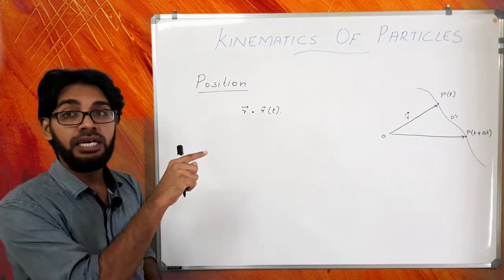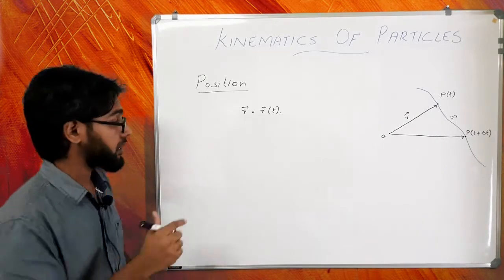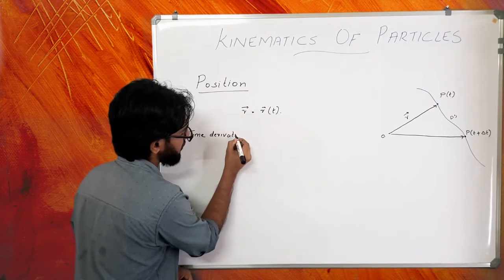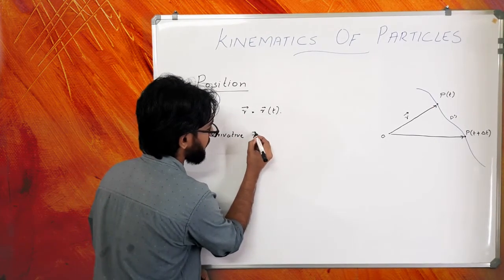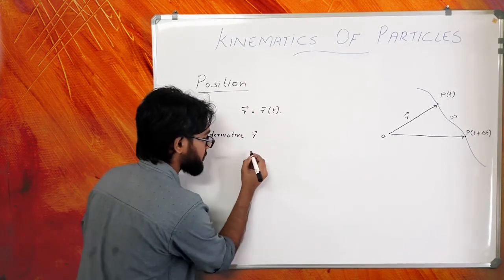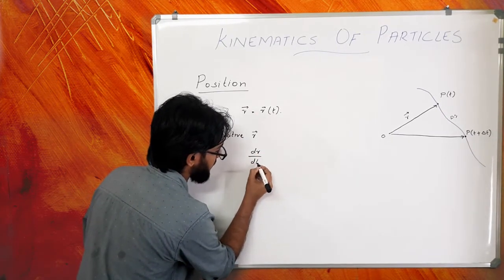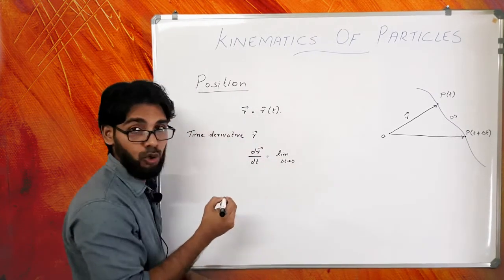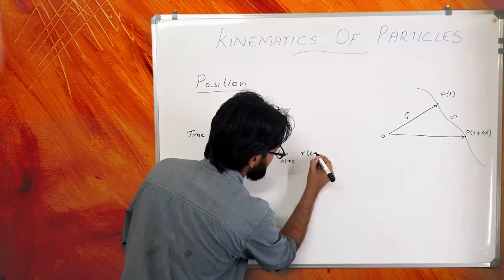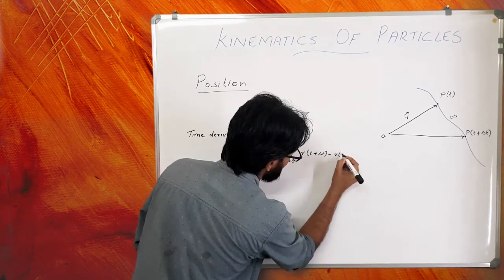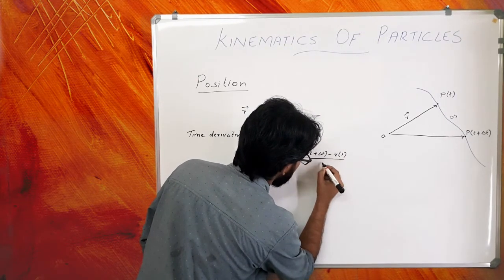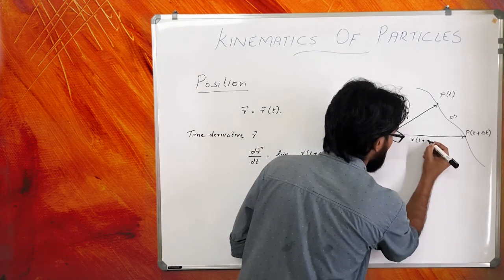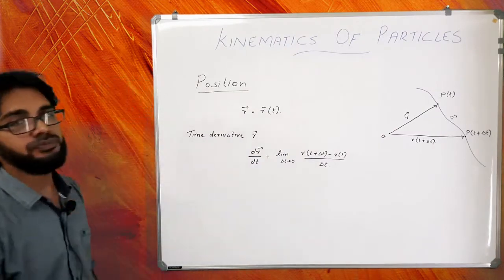So, the time derivative of the position vector r can be given as dr by dt equals limit delta t tends to 0 of r of t plus delta t minus r of t divided by delta t. So, this will be your position vector after an interval of time delta t.